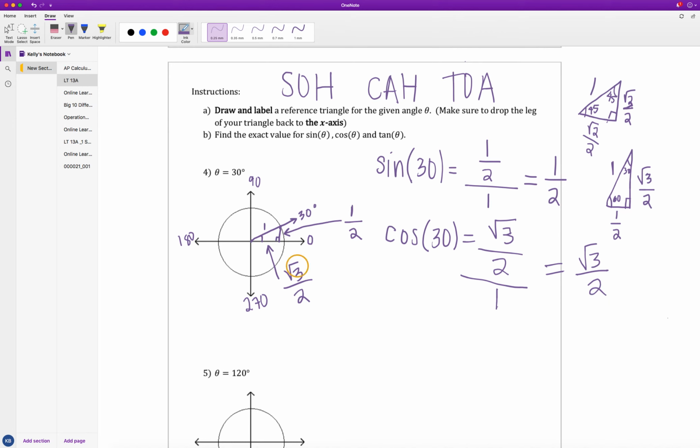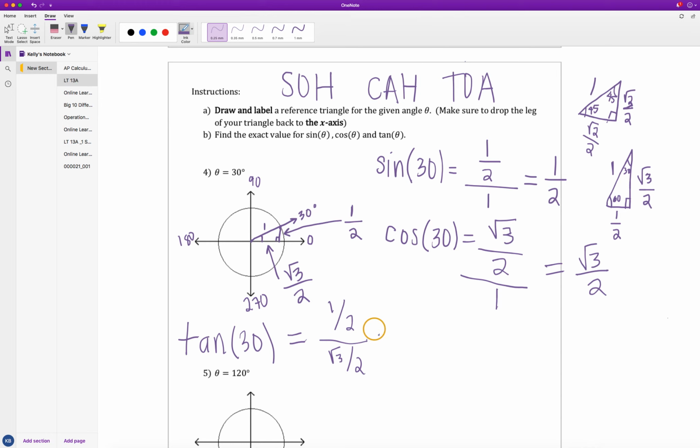Now the last one we have to figure out is tangent, and this is going to be a little bit more in terms of simplification since I'm no longer involving my hypotenuse. So tangent, by definition, is opposite over adjacent. When I look at my triangle, opposite 30 degrees is the 1/2, so I get 1/2 over the adjacent side, which is the root 3 over 2.